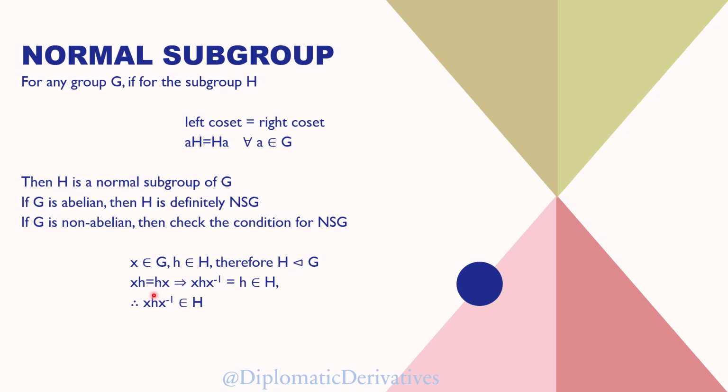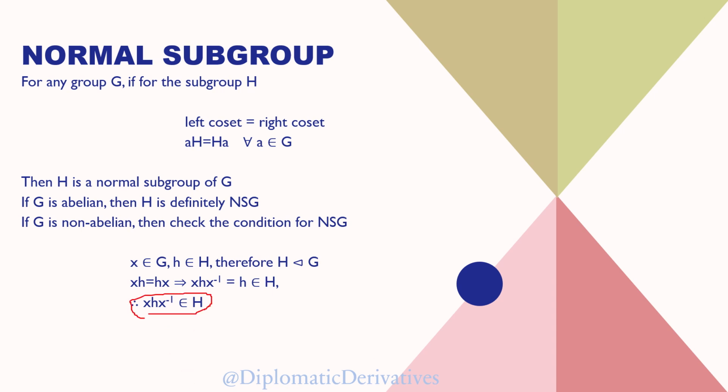If you take this x to the other side, it becomes xhx inverse, which will be equal to h according to this equation, right? Now this h, we know, is an element of capital H. So this means that the element xhx inverse has to be an element of capital H. If this condition is true, so make sure you remember this.